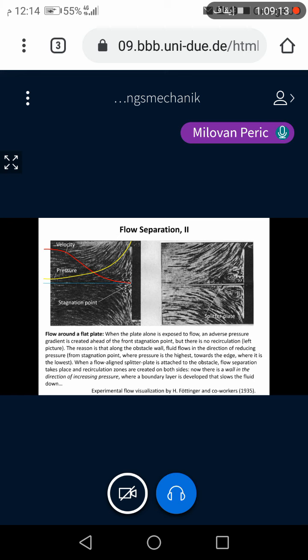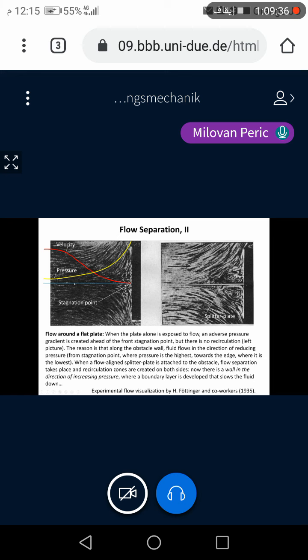But the question was here about the separation in front of the plate. And we see here that the pressure, if I take this blue line, which is the streamline along the center line of the plate, the velocity goes to zero, the red line goes to zero at the plate, and the pressure goes to maximum at the plate.